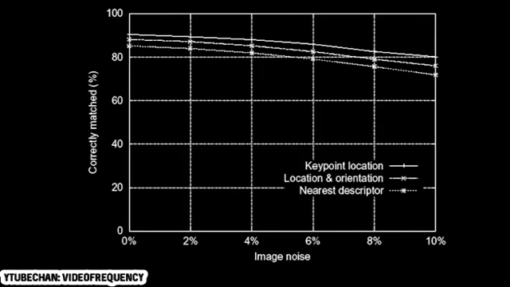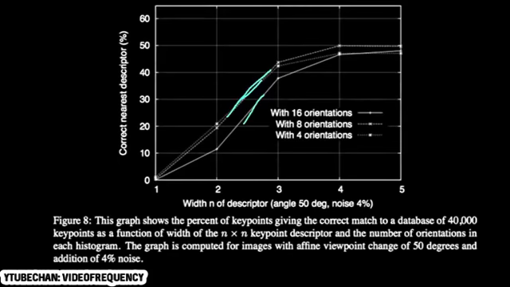Without going into too much detail, they also show this is as they add image noise to the picture, how much percentage of pixels get noise or the magnitude of the noise. And you can see that the correctly matched value, again, falls off nice and gracefully, which is what you're looking for. You're looking for it to fall off slowly. By the way, going back to this previous one, it's only getting up to like 50% match.